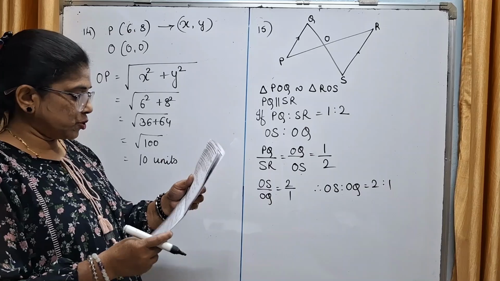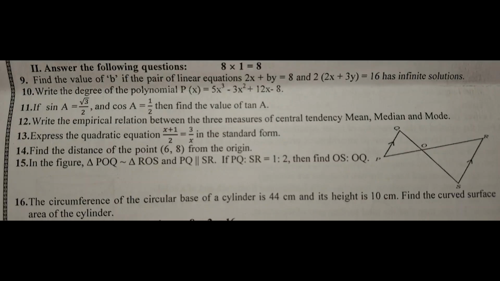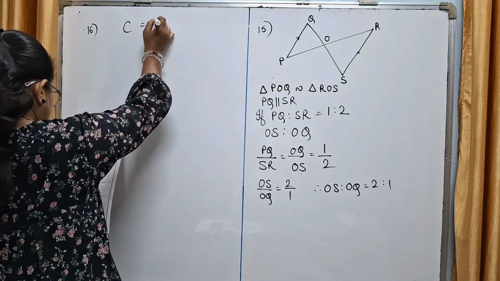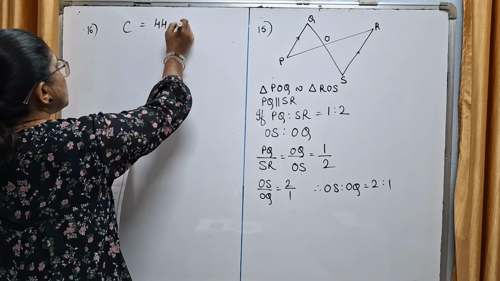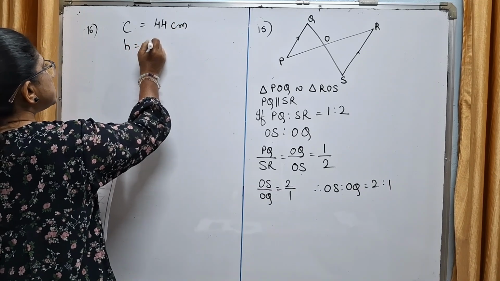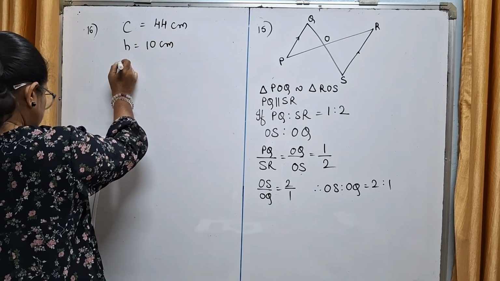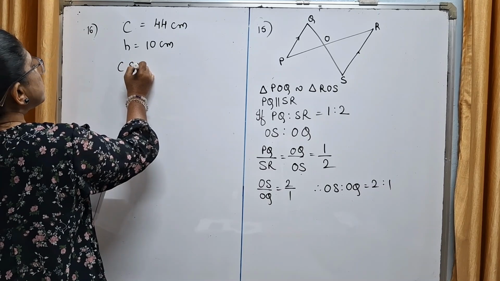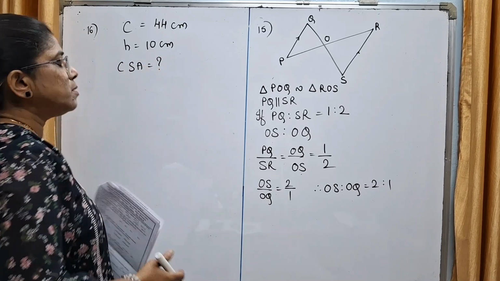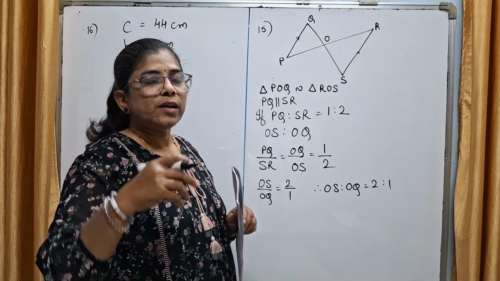Now the next question, 16th one. 16th question says circumference of the circular base of the cylinder is 44 cm and its height is 10 cm. Find the curved surface area. Now here circumference of the base is 44 cm, height is 10 cm, and we have to find the curved surface area. Here students simply waste their time in finding the radius and all.